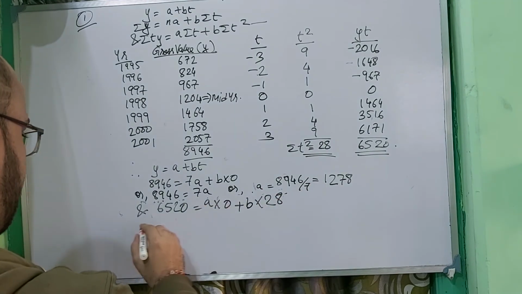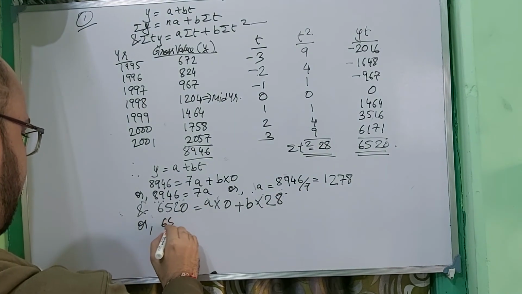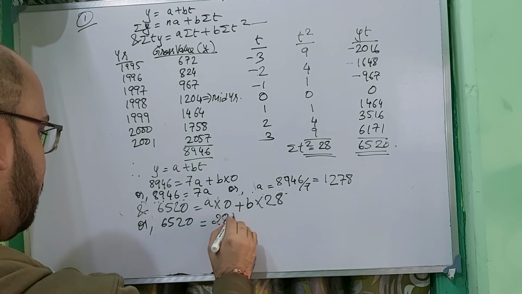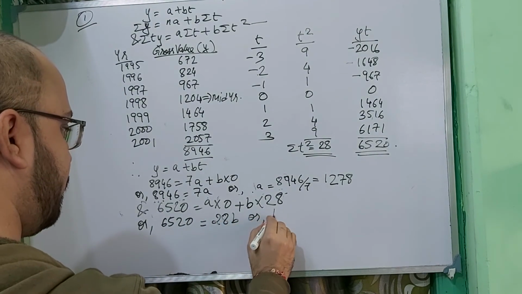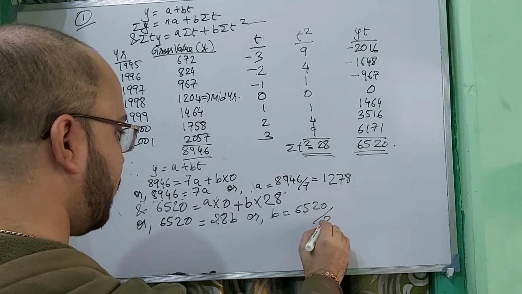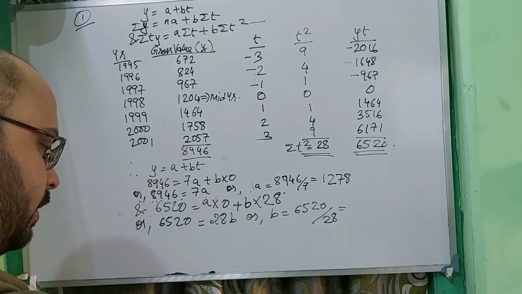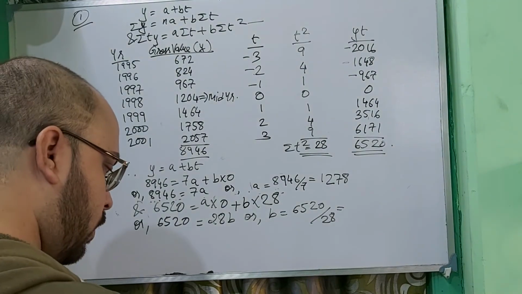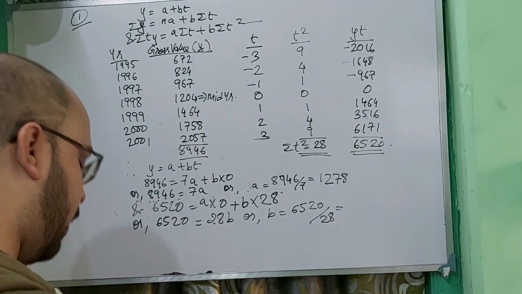So 6520 is equal to 28b, or b is equal to 6520 by 28, which is coming 232.9.